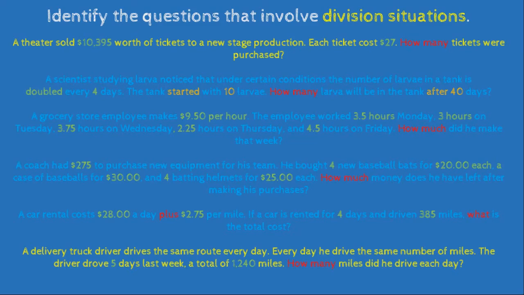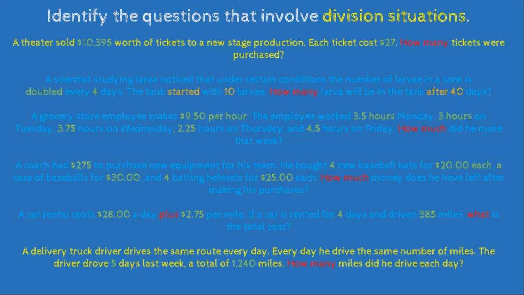And one of the keywords is doubled, which is 2 times more. In that case, we can understand that in this example, we're using multiplication. So multiplication is sometimes related to division, but it's not a division situation. So we can figure out that this is not a division situation.